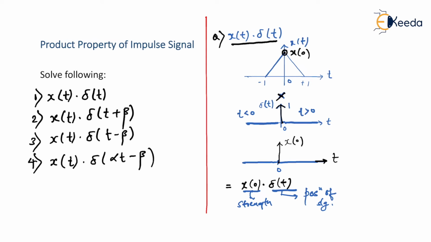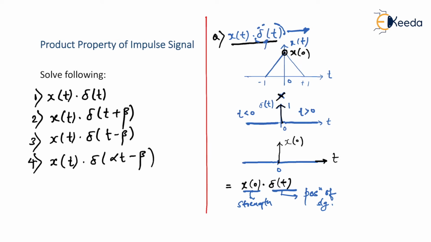So you don't have to really go through all this procedure. You can remember something like this. I'll tell you the shortcut to remember. When x of t is multiplied with del of t, ask yourself: this del of t is present at what time? Not exactly a time interval, but del of t is present only for a time instant, at t equal to 0.